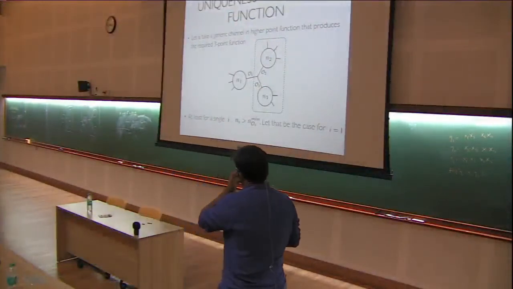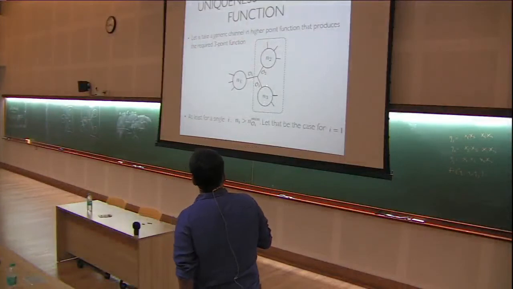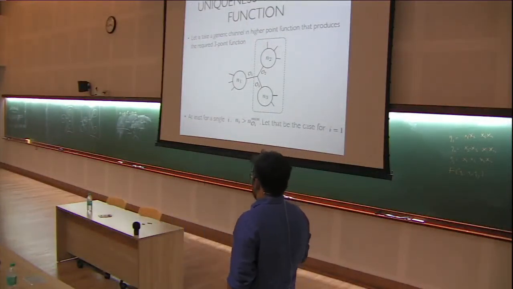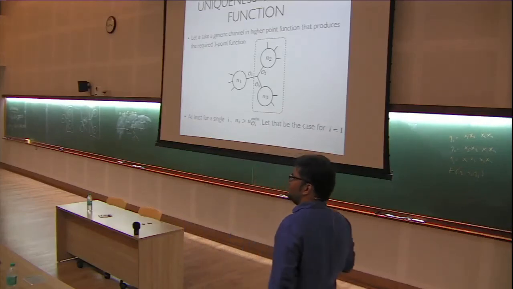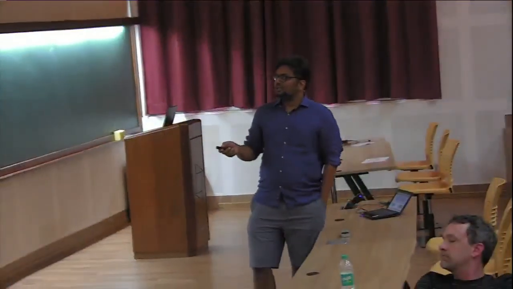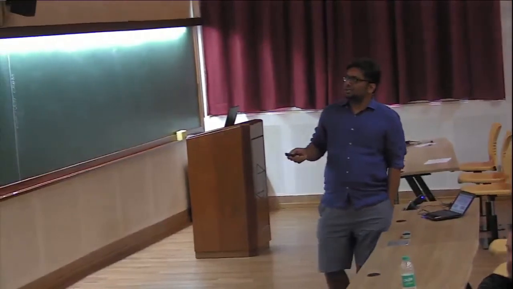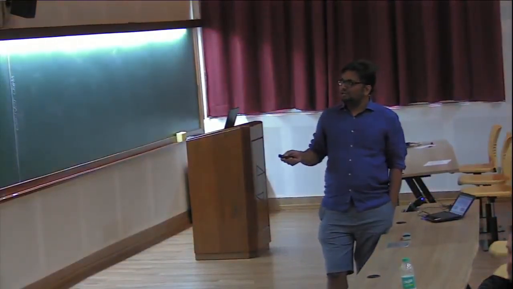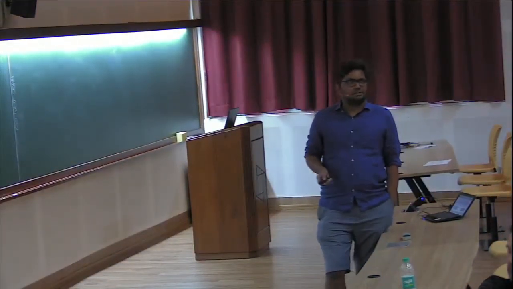So from these arguments, one sees that just requiring that the n-point functions of phi consistently factorize onto themselves is sufficient to guarantee the uniqueness, or the well-definedness, of the 3-point function of any kind.